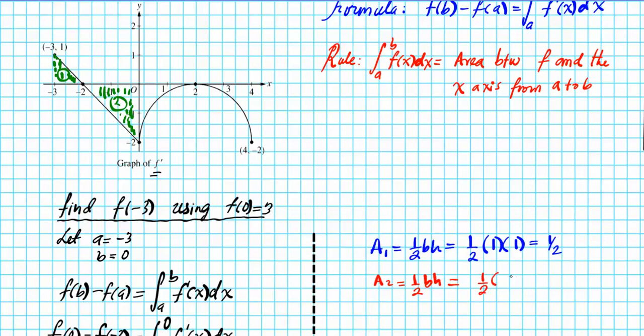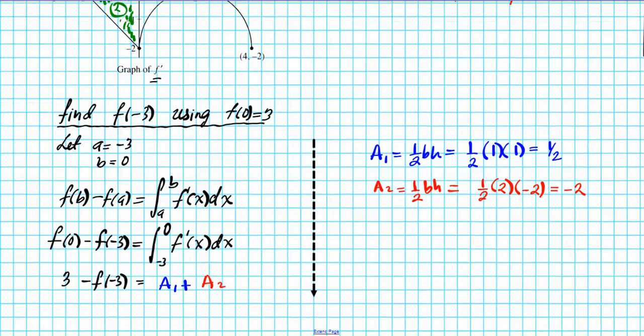Base is what? 2 times height. I can either put a negative here and keep all the measures positive, or I can negate the component that goes underneath the x-axis, which is the height in this case. So I'm going to do that. -2 right here. But your answer must be negative, okay? All right, so when you evaluate this arithmetic expression, you will end up with -4/2, which is just -2. Okay, so that's area 1 and that's area 2.